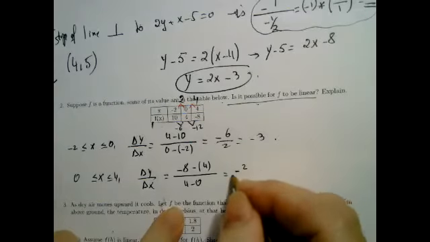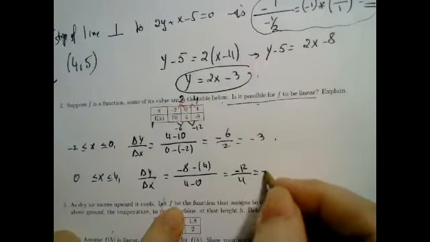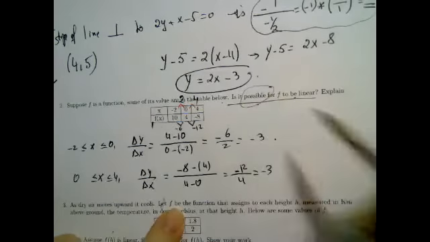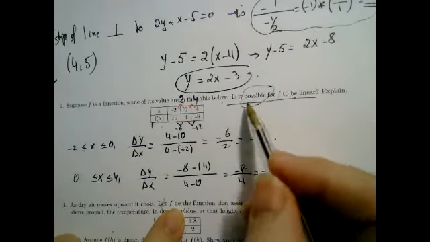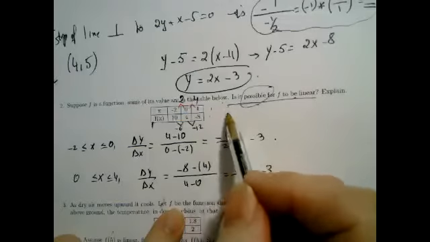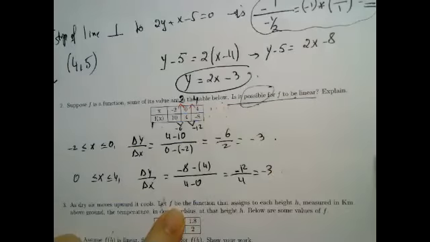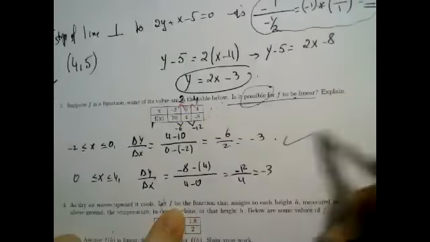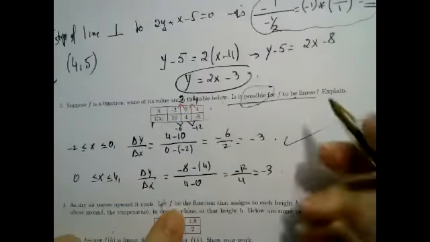So the ratio is minus 12 over 4, which is minus 3. Since the average rate is constant, it means f could be linear. Now, why did we say possible? Because we don't know a lot of values. It may change after that, but is it possible given those values you have? And the answer is yes. Okay, so linear.